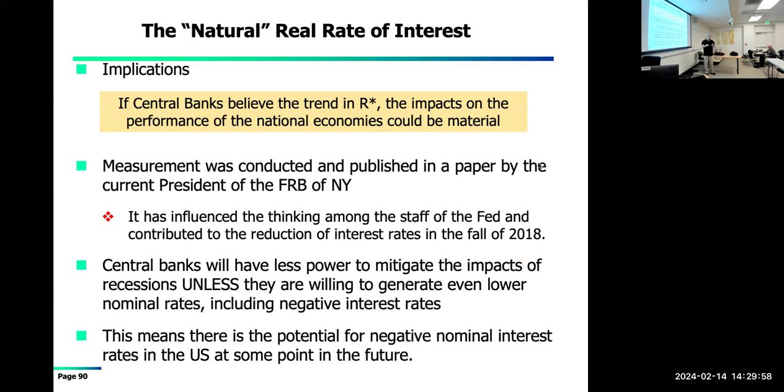If the FOMC believes that R star is a relevant measure, if the FOMC believes that the real natural rate of interest is lower, which they do, and if they think it's going to continue to be lower, it is a guide to what is going to happen to interest rates over more than just a short period.